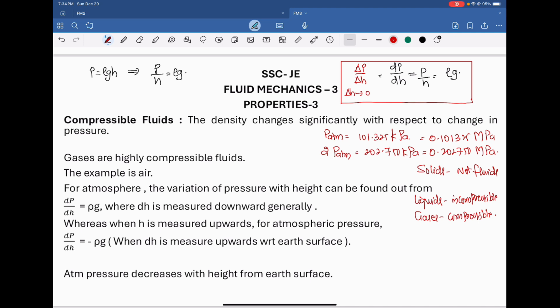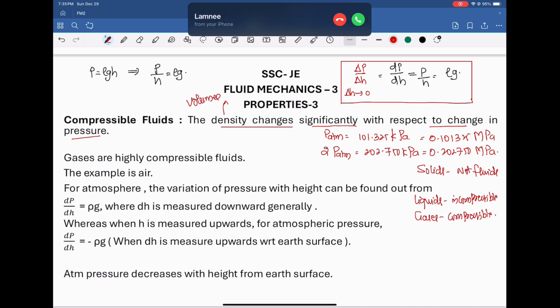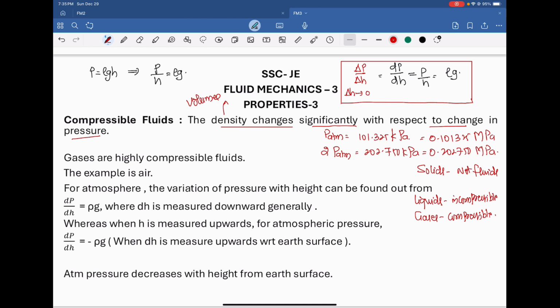That means a slight change in the pressure changes the volume, which means density also changes. So the density changes significantly with respect to a slight change in the pressure. We are not changing the mass.